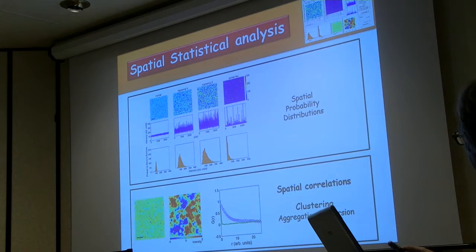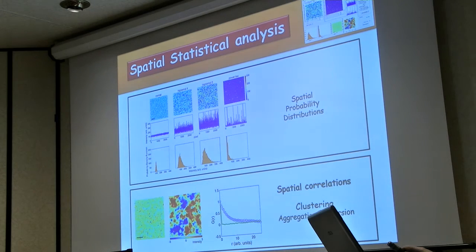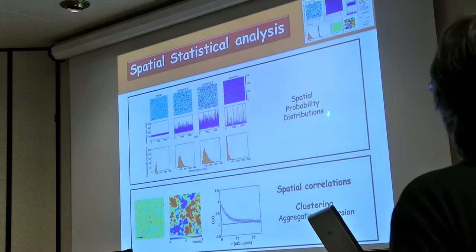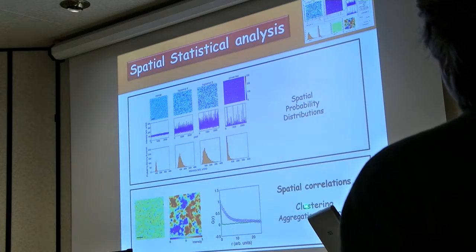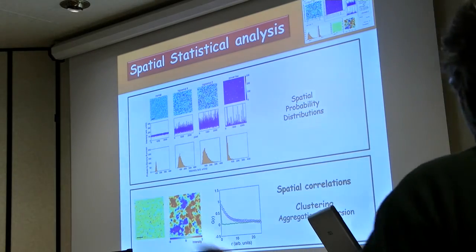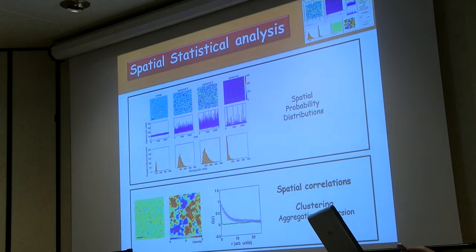And then once you have analyzed this, you use spatial statistics tools to describe the disorder or the spatial organization of this sample, using spatial probability distribution or spatial correlation, clustering, tessellation, and other tools of spatial statistics.